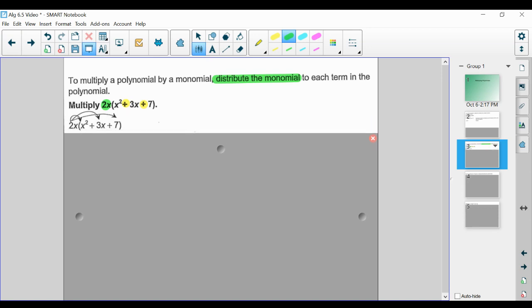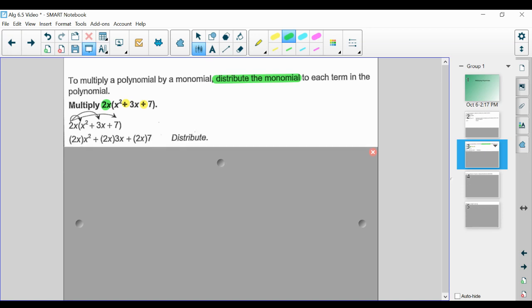So notice how we draw the arrows. Drawing arrows when it comes to multiplying polynomials is going to be super helpful. Please do not think you are above it. It's extremely beneficial to draw the arrows. Even I still draw the arrows and I teach this. It is extremely helpful to draw the arrows to show what you're distributing to each term.